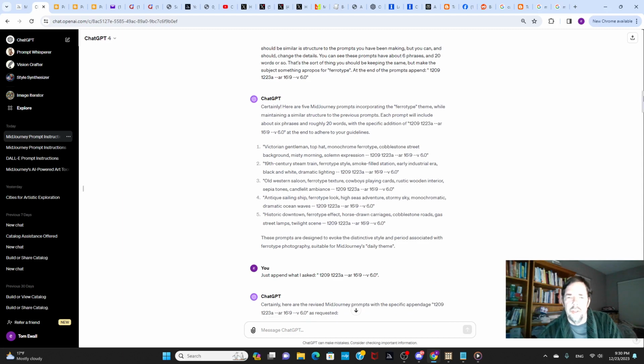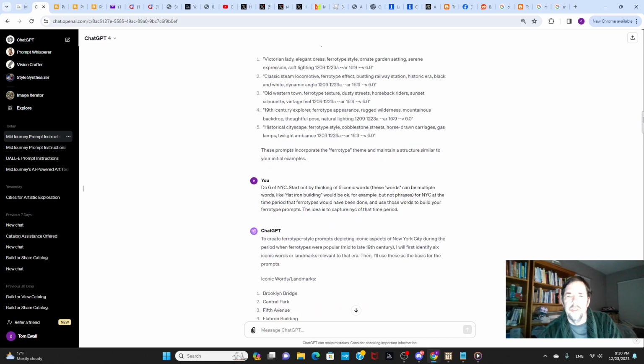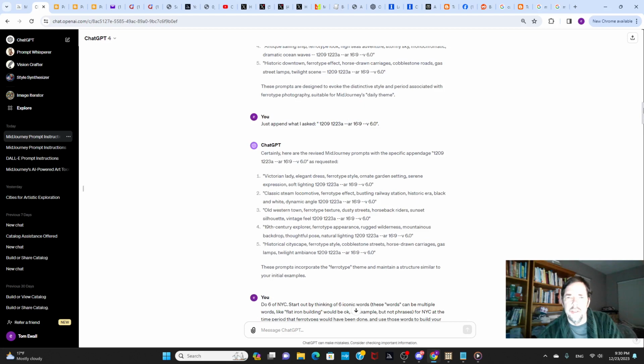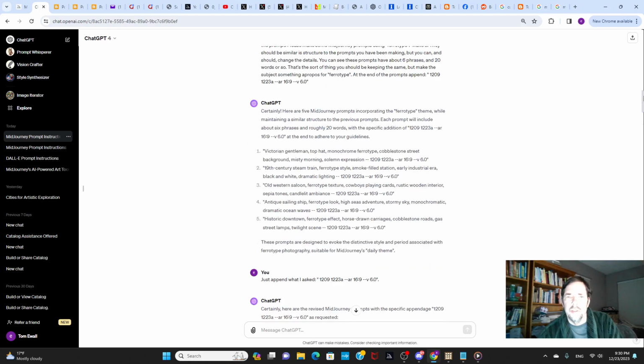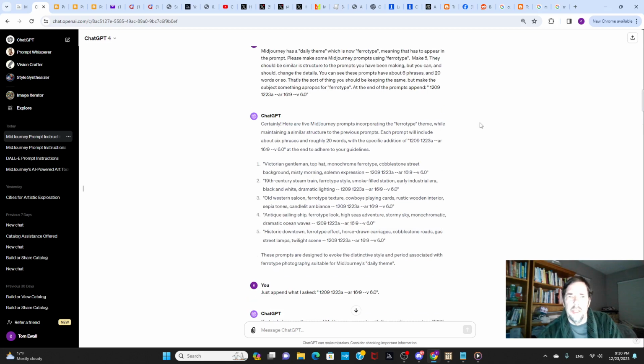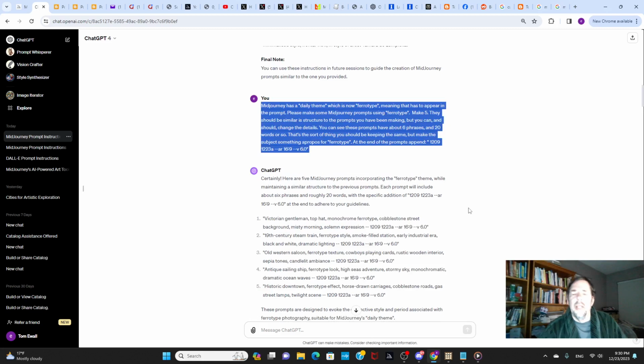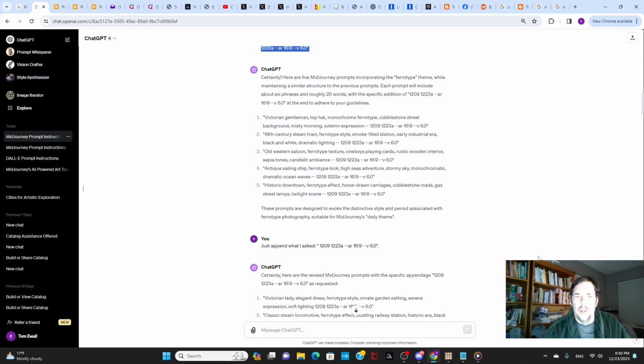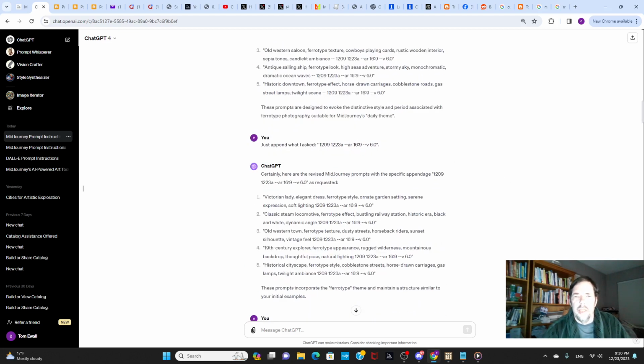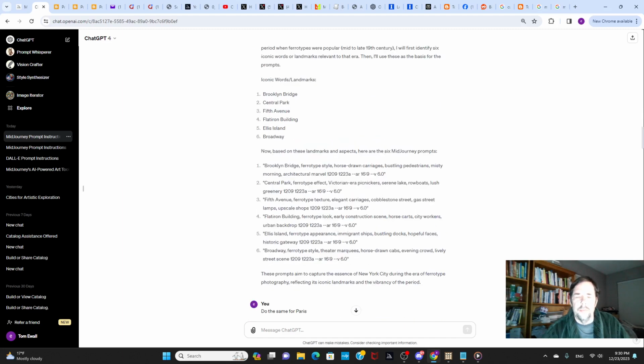The structure is that it should have about 6 phrases and about 20 words. So that's explained here. I told it that the daily theme is ferrotype and that it should have about 6 phrases and about 20 words, and I gave it an example prompt to work with. And so it created prompts with that structure. And then I asked it to do some.